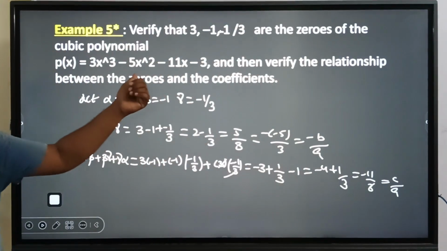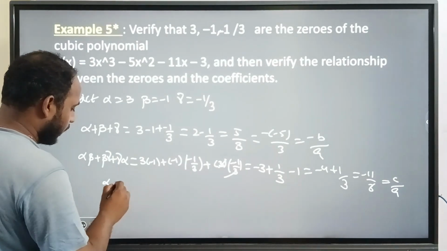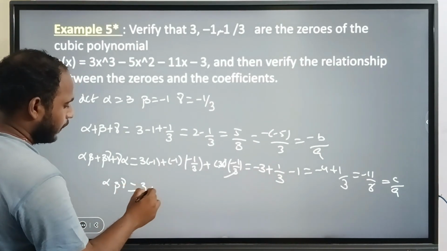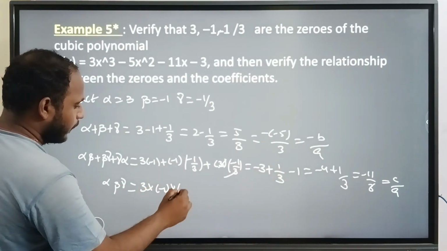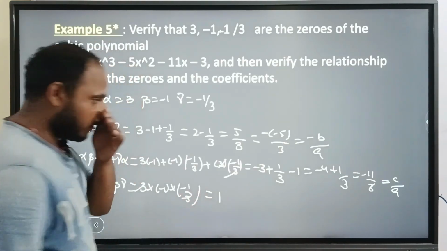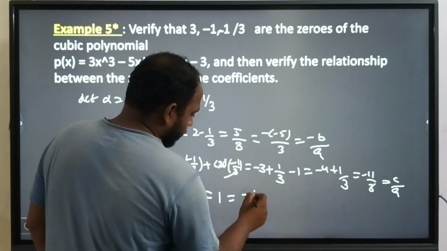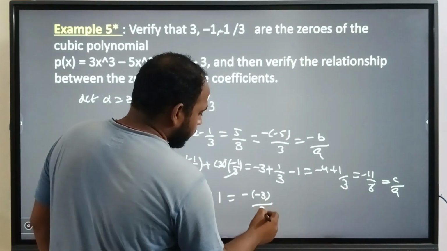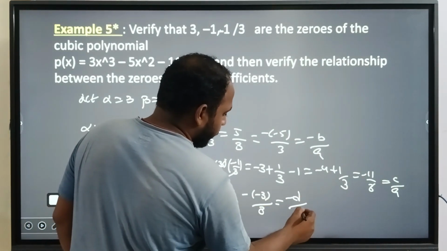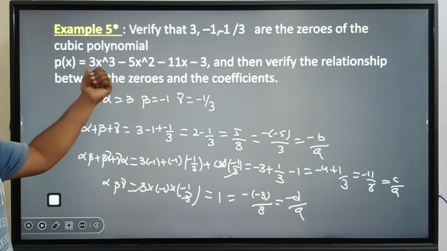Here minus 11 is the coefficient of x and a is the coefficient of x cube. Next, alpha beta gamma: 3 into minus 1 into minus 1 by 3, the 3 gets cancelled, which equals 1. Here 1 is written as minus of minus 3 by 3, which equals minus d by a, where d is the constant term and a is the coefficient of x cube.